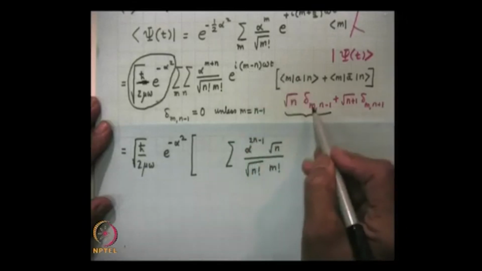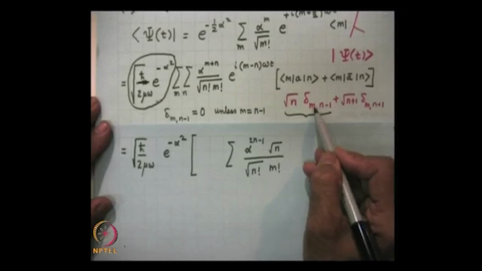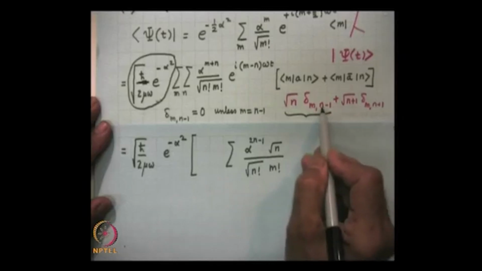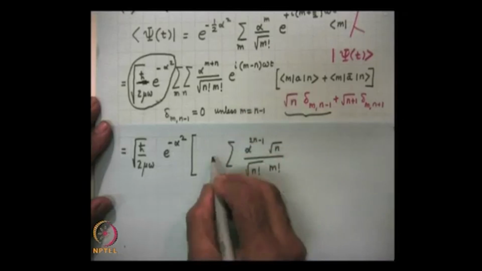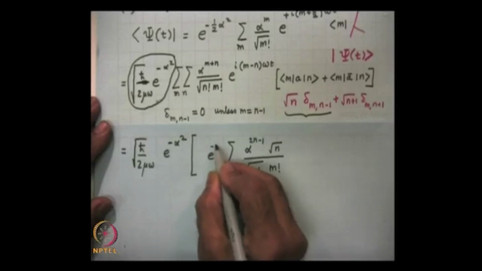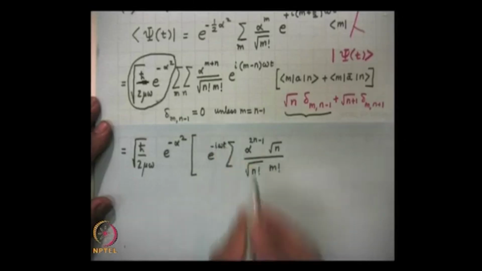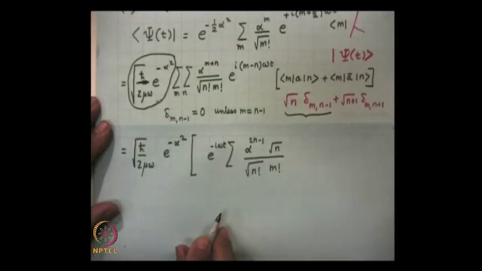M minus n will be n minus 1 minus n, so this will be minus I omega t, and that is it.